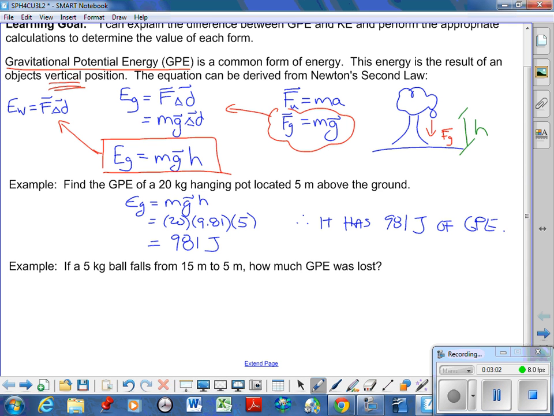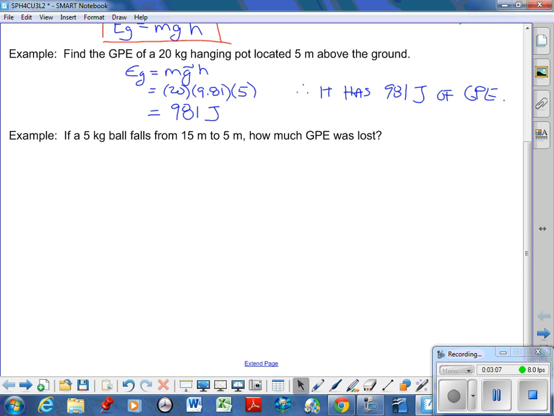All right. If a 5 kilogram ball falls from 15 to 5 meters, how much GPE was lost? So here's our ball at point A. Here's our ball at point B. This height was 15 meters. This height was 5 meters. There's our ground. So how much GPE was lost?